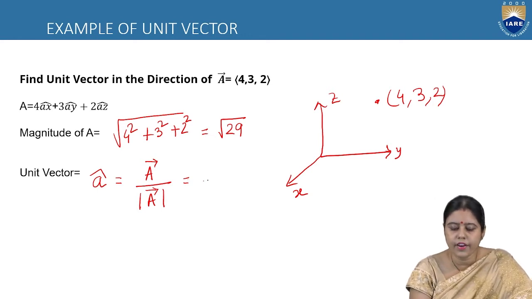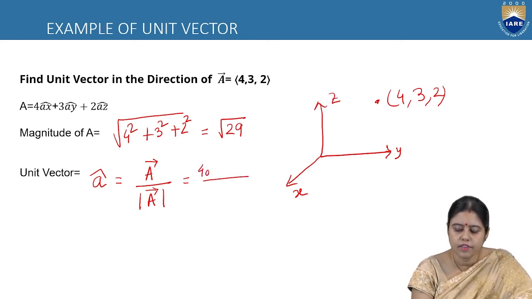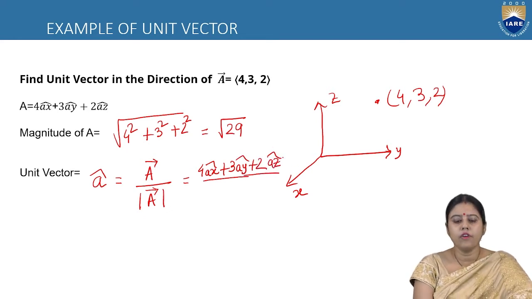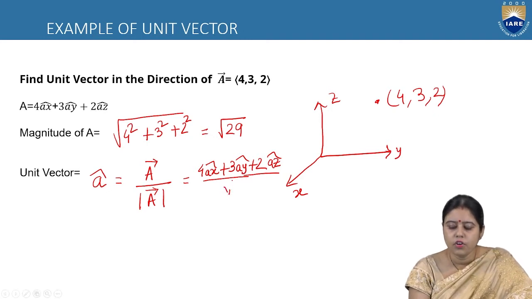So what is the A vector? Already we got in the first line 4ax plus 3ay plus 2az. And what is its magnitude?